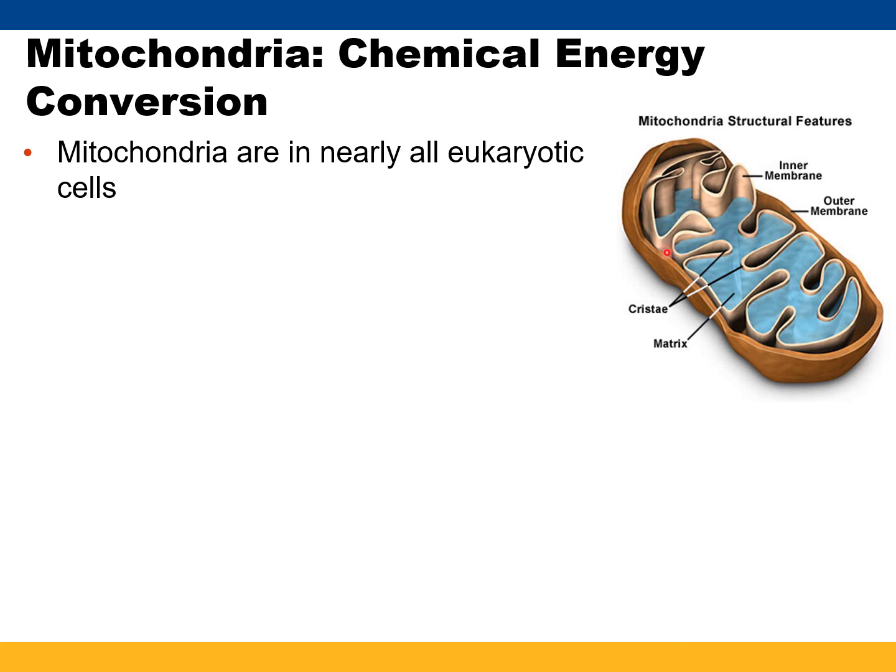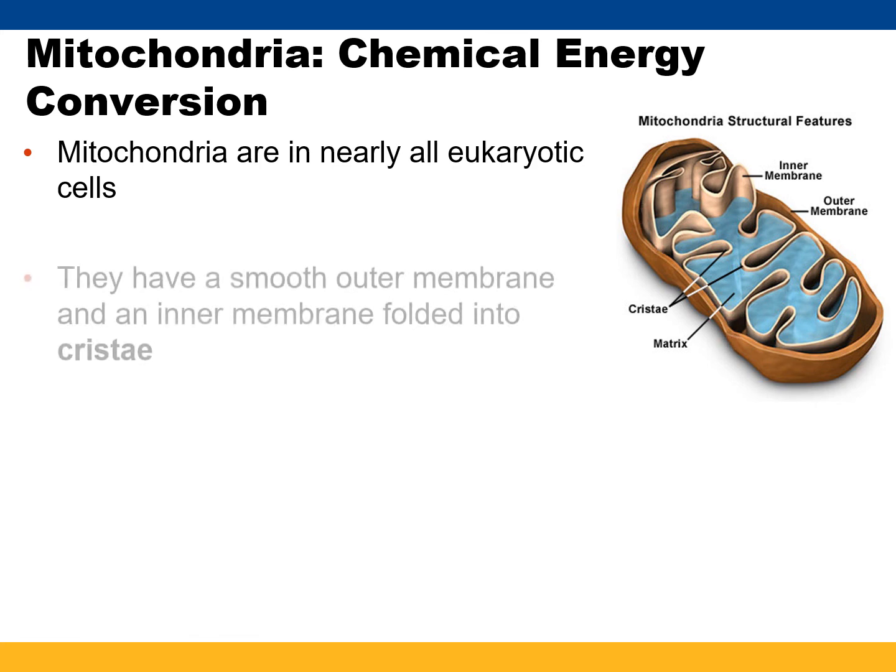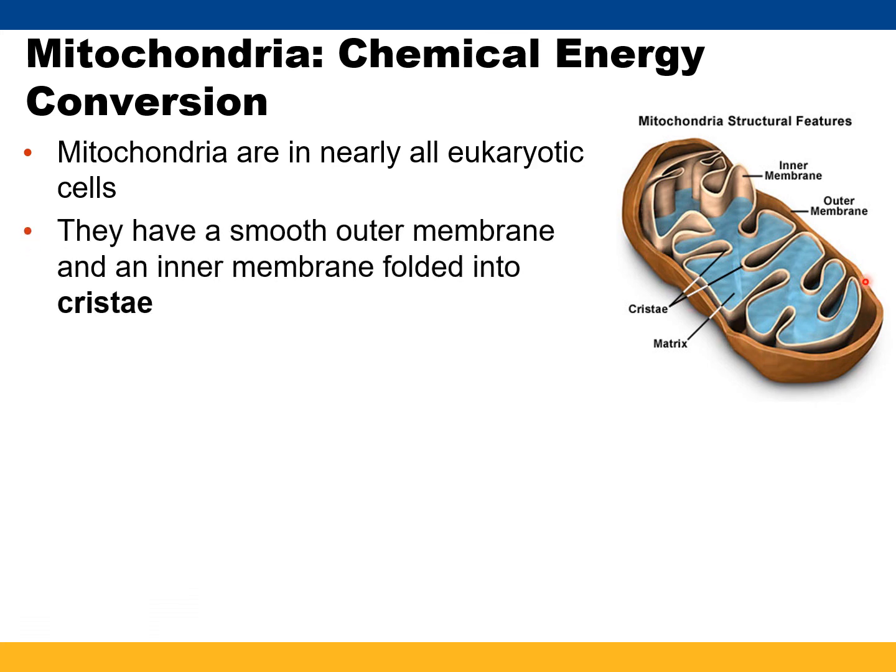So the basic structure of mitochondria is that it has this double membranous setup. There's a relatively smooth outer membrane. Again, that's a phospholipid bilayer. And then you have this heavily folded inner membrane with a very high degree of surface area.